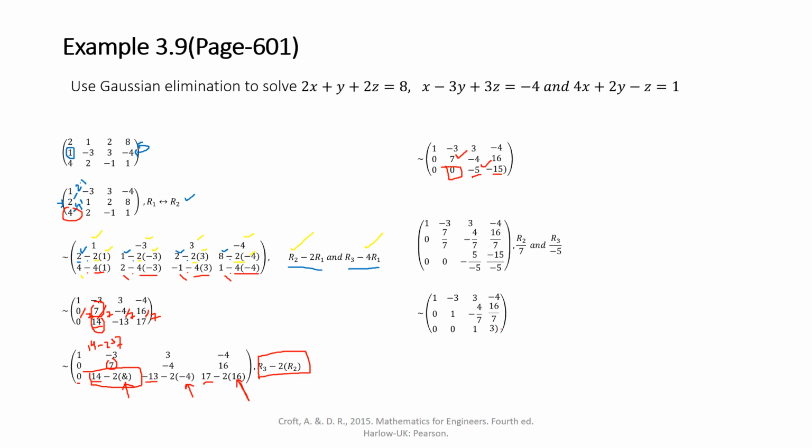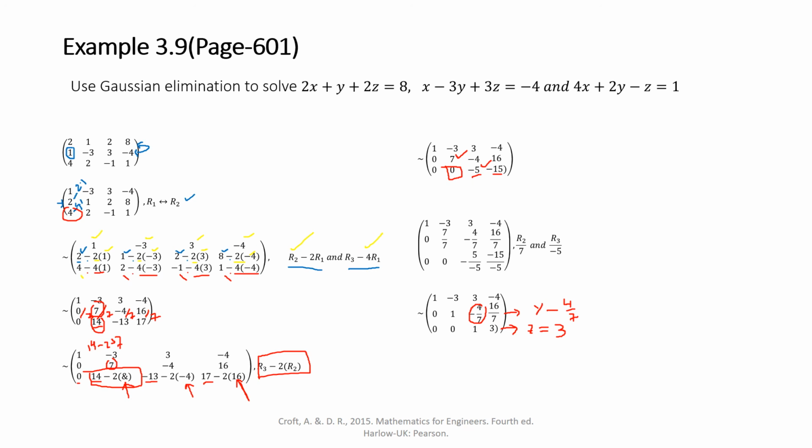Now this can be solved, because this is z equals 3. Z equals 3, and this gives us that y minus, because x is 0, y 4 by 7, this is z, this value is for z, the third one.